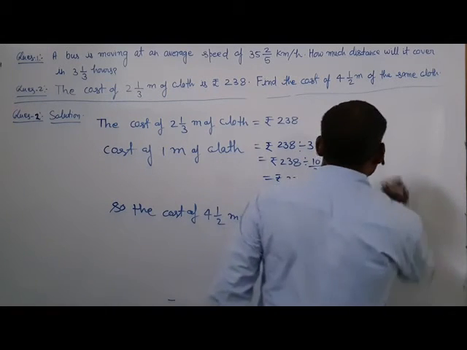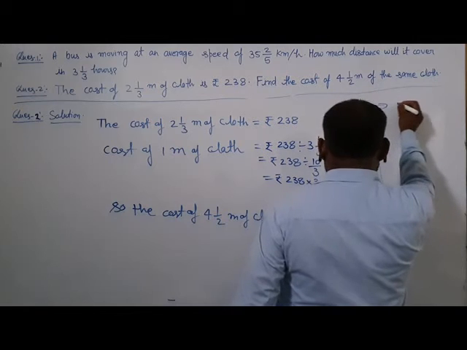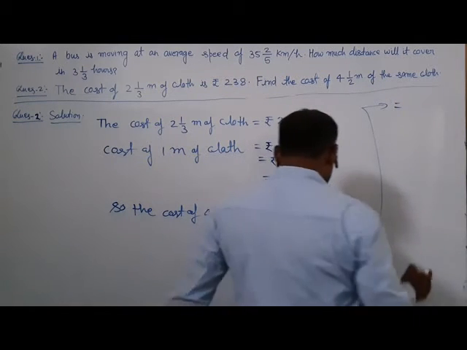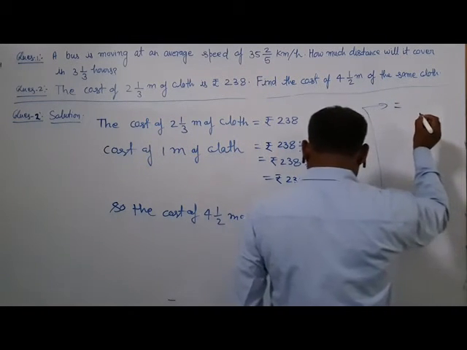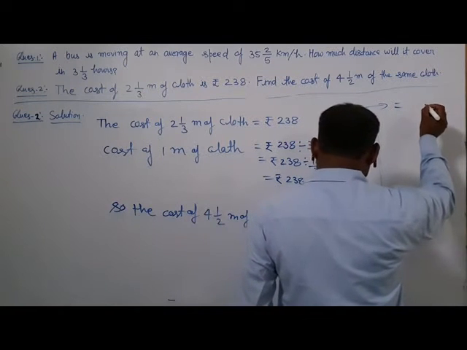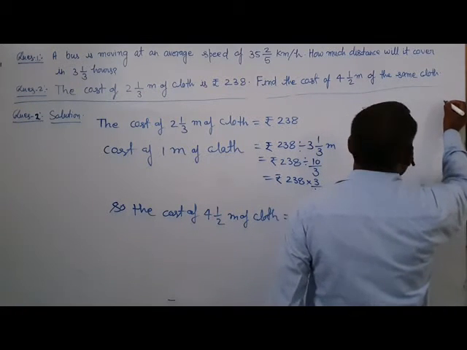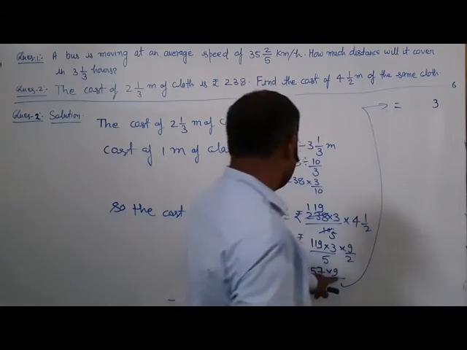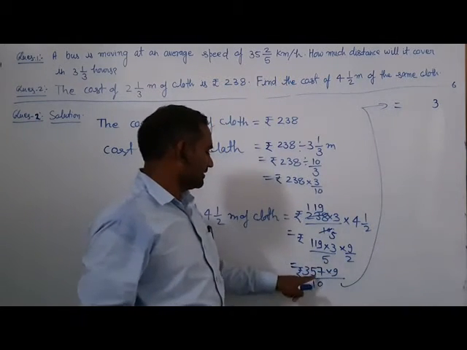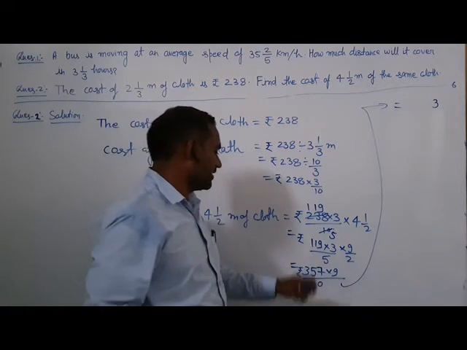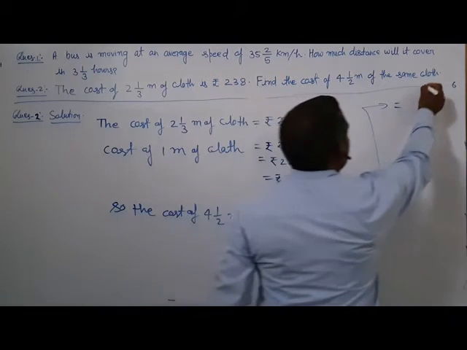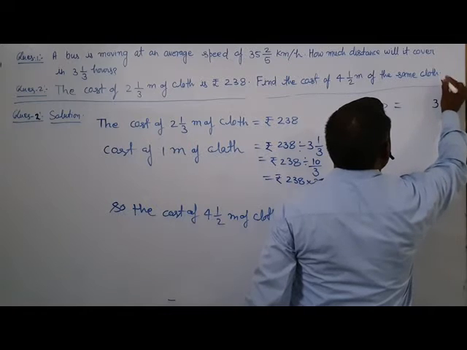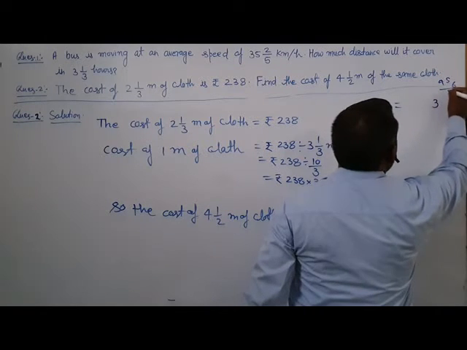Now solve it. 9 7s are 63, carry 6. 9 7s are 63, carry 6. 9 5s are 45, 45 plus 6 is 51.